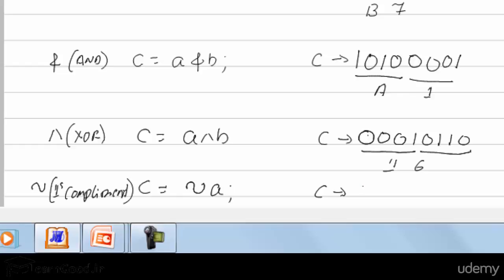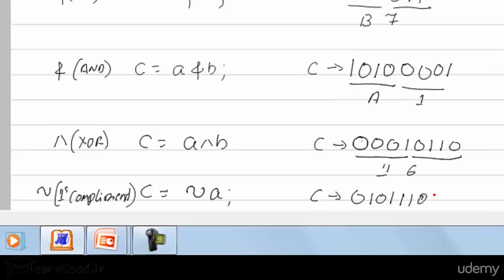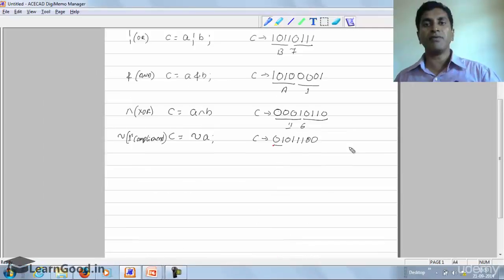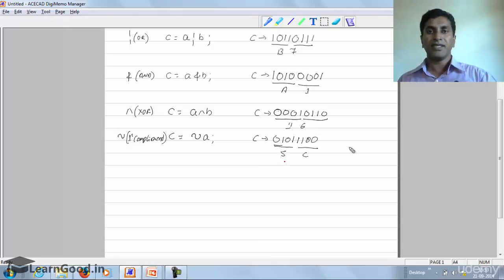That means your result C value is going to be 0 1 0 1 1 1 0 0, which is 5C. Fine. That means the final result is going to be 5C.